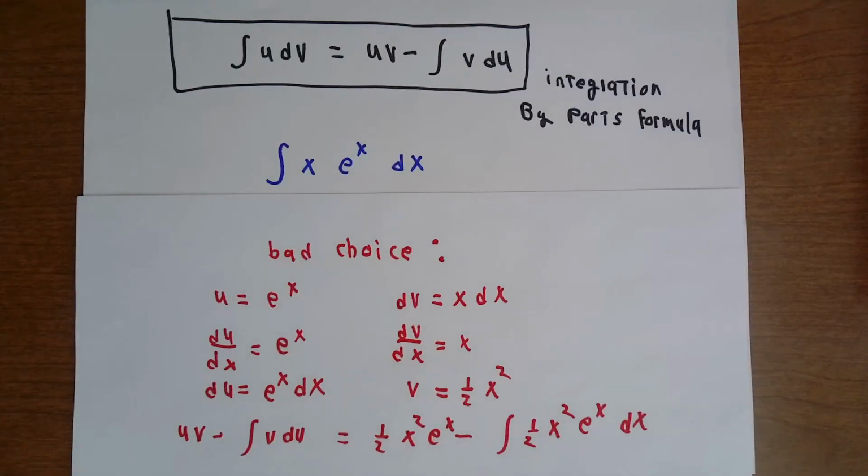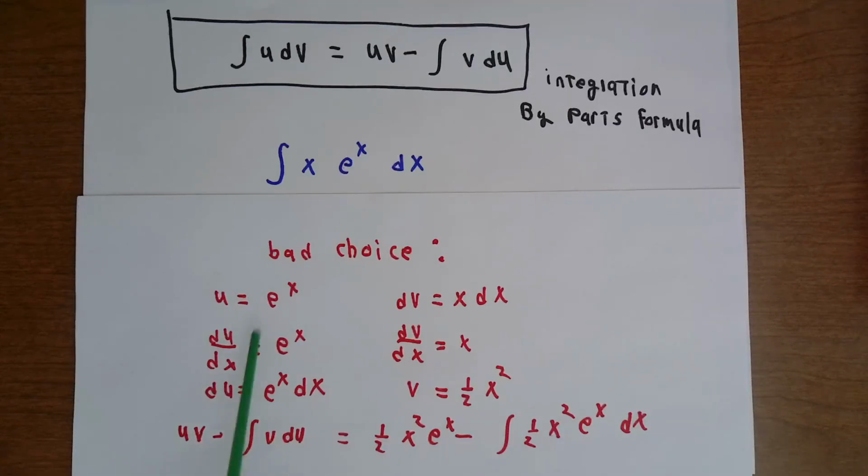Here's a very bad choice for u and v. I'll let u equal e to the x and dv be the rest of the factors, the x and the dx. The derivative of u with respect to x is e to the x, du is e to the x dx. dv dx is x, so dv is x dx. v is an antiderivative of x, which is 1/2 x squared, since I'm ignoring the constants for now.